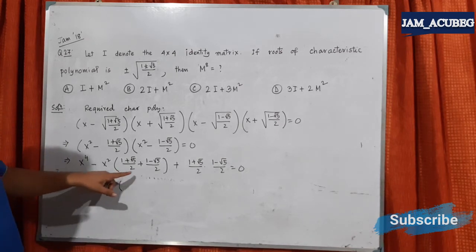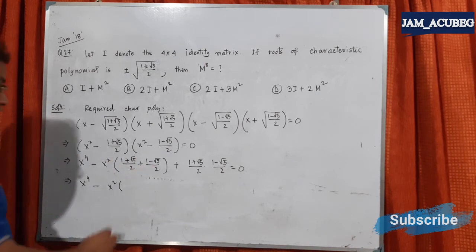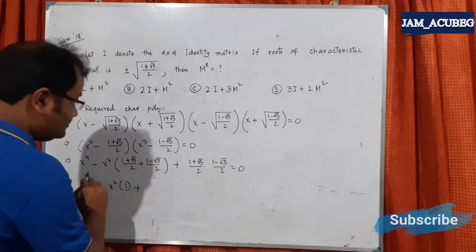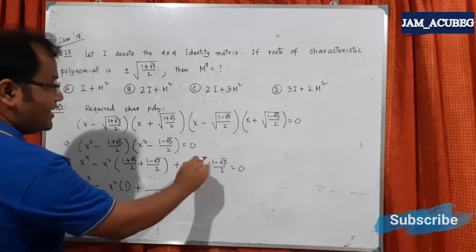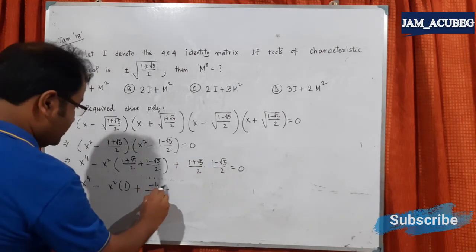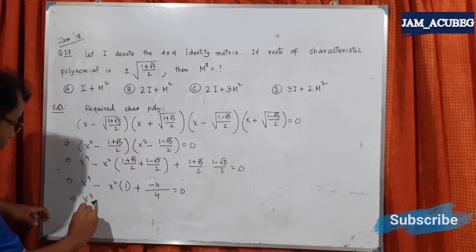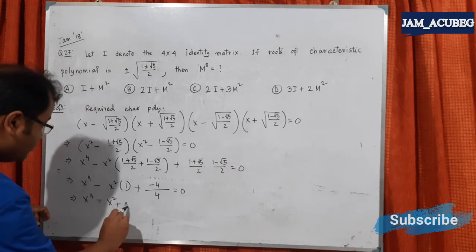Now what is this? 2 will be the LCM, so root over 5 will get cancelled, so it will become 1, plus, see this is divided by 4 and this is a plus b into a minus b, so 1 minus 5, so minus 4, equals 0. So basically we have got x to the power 4 equals x square plus 1.